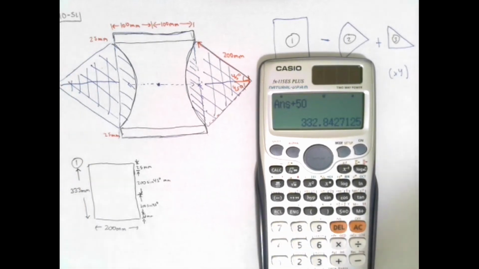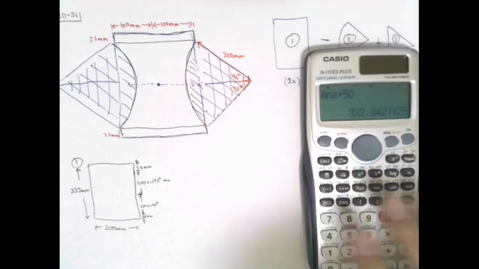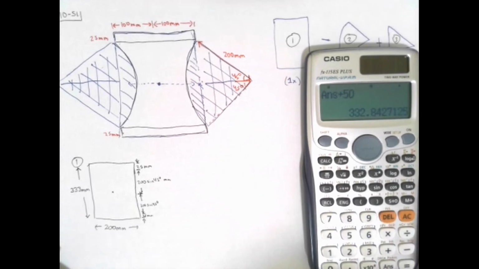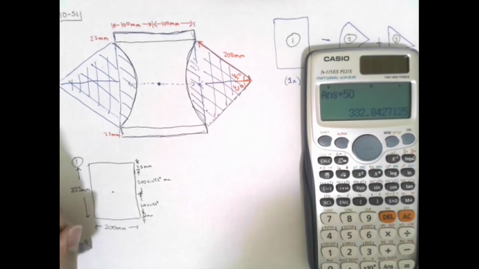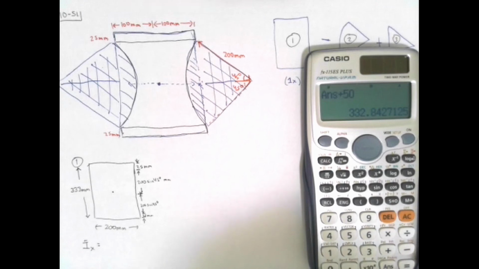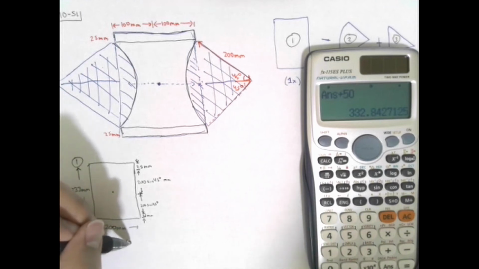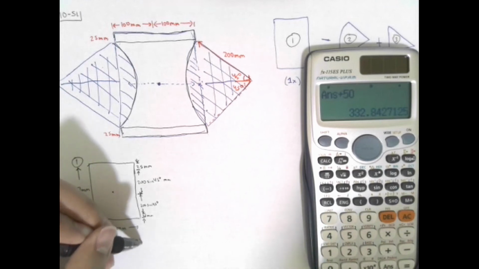Good. So we found this rectangle, we found the base, and we found the height. What is the moment of inertia about the centroidal axis for this rectangle? We know that for the centroidal axis of this rectangle, the moment of inertia is 1 over 12 base times height cubed. So 1 over 12, my base, which is 200, my height, which is 332.8 cubed.